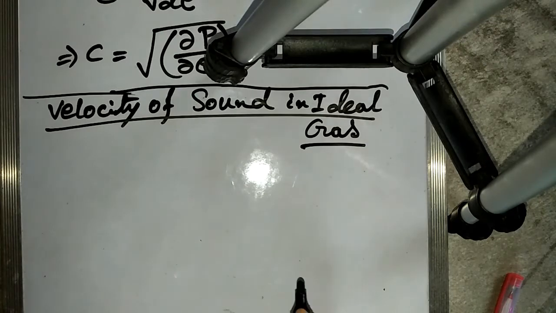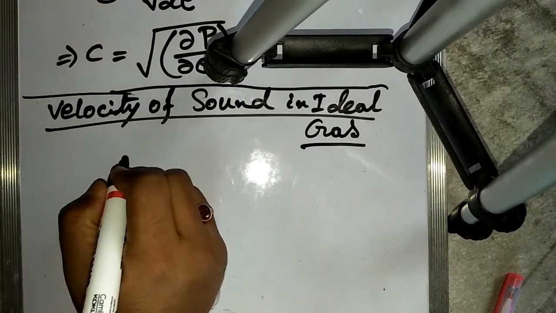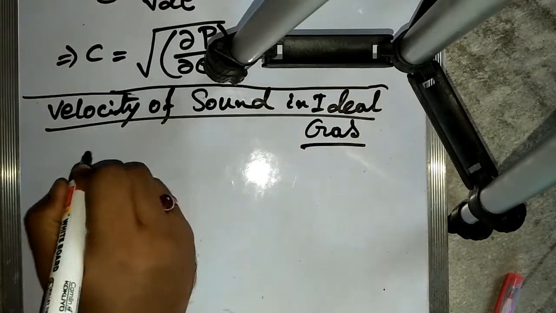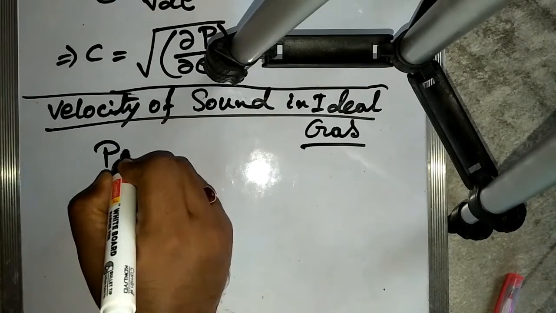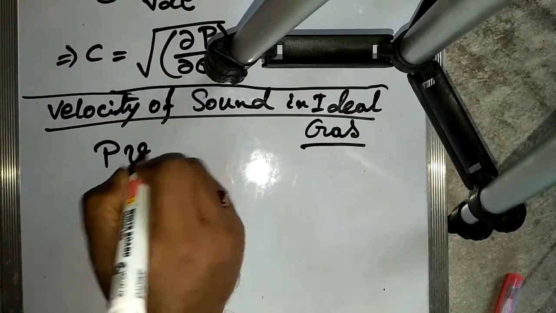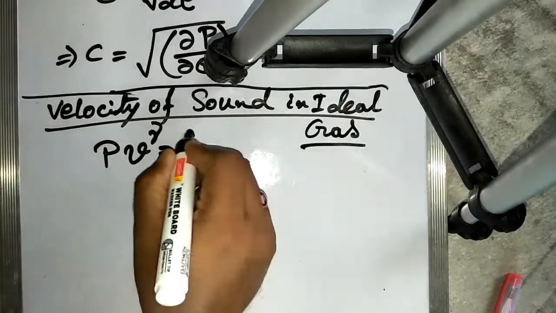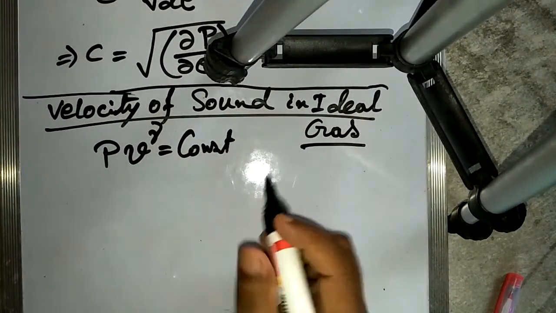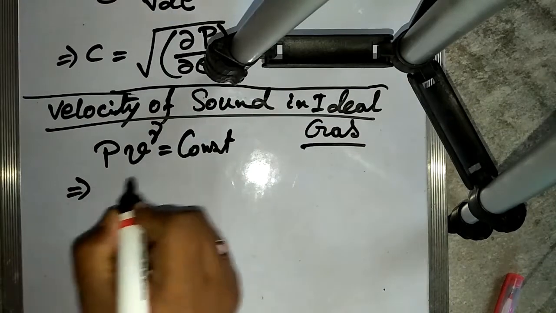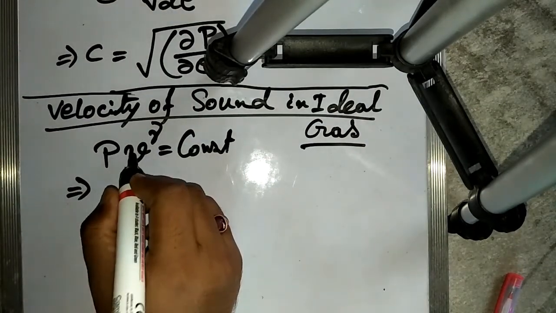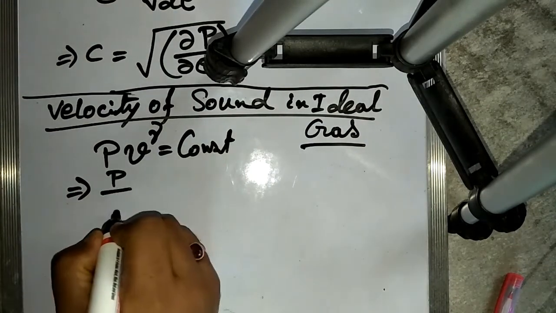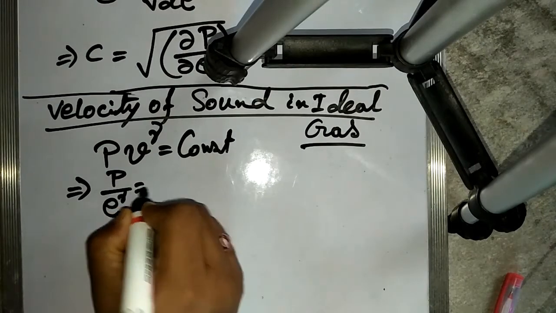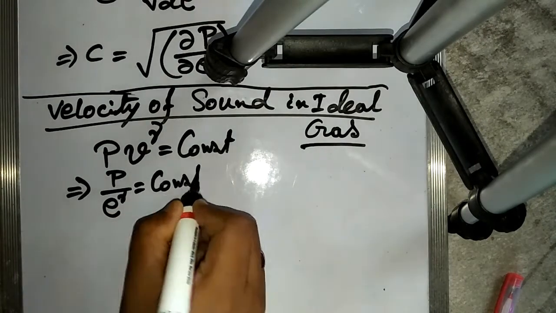Now let's find out the velocity of sound in an ideal gas. So we know that for an ideal gas, which follows the adiabatic or isentropic law, we can write P into specific volume v to the power gamma is equal to constant. Or, since the reciprocal of specific volume is density, P by rho to the power gamma is equal to constant.